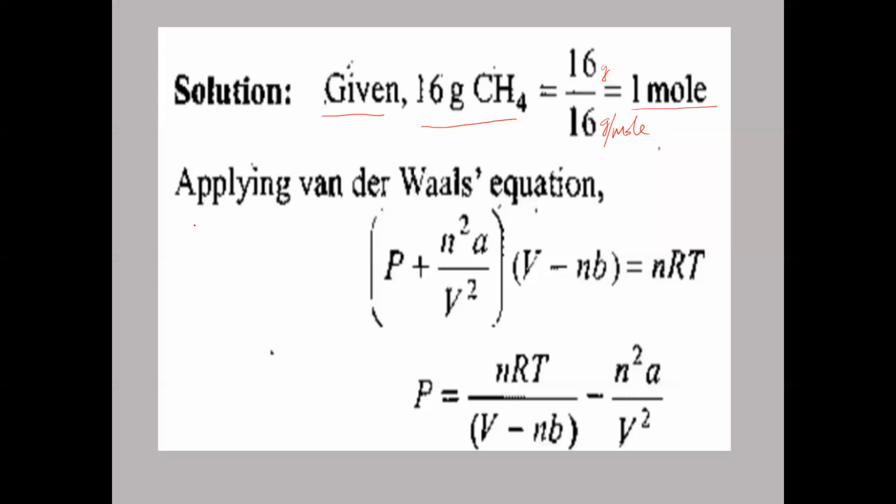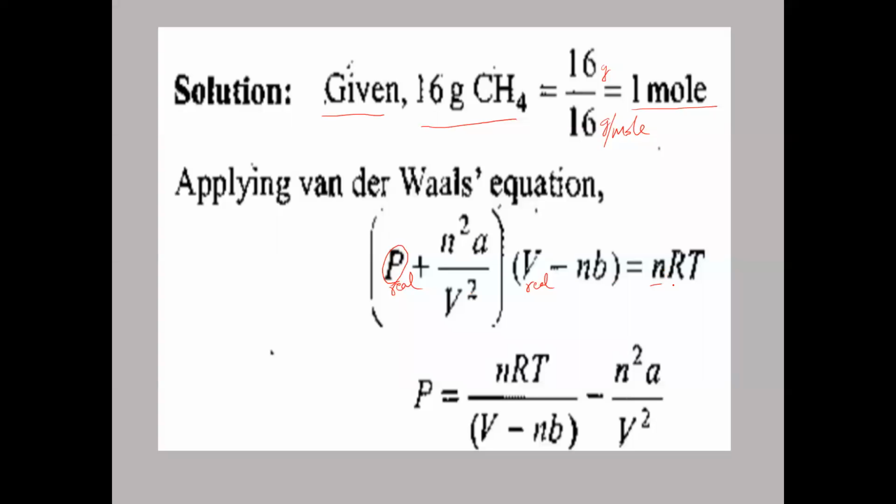We got 1 mole. Applying the Van der Waals equation: pressure of real gas plus an squared by V squared, times V of real gas minus nb, equals nRT. nb is the volume correction, and an squared by V squared is the pressure correction.